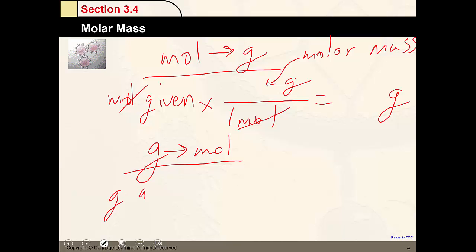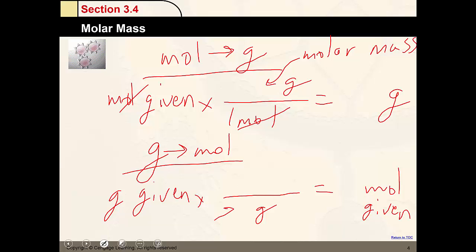So if we have grams of something that's given to us, and we want to convert to moles of what's given to us, in order to cancel out these units of grams, grams has to go on the bottom here. So the molar mass of that particular element or compound per 1 mole. And remember, molar mass is always the mass of that substance, whether it's an element or compound, per 1 mole.